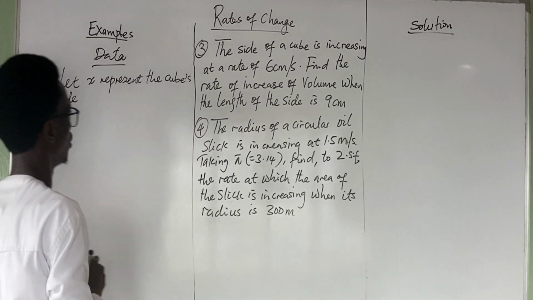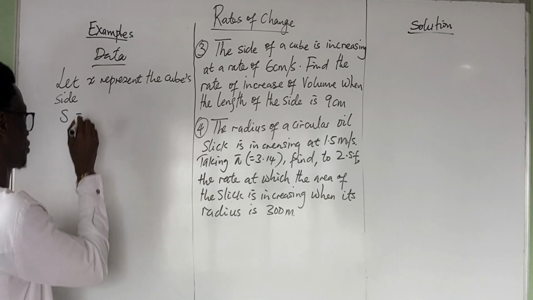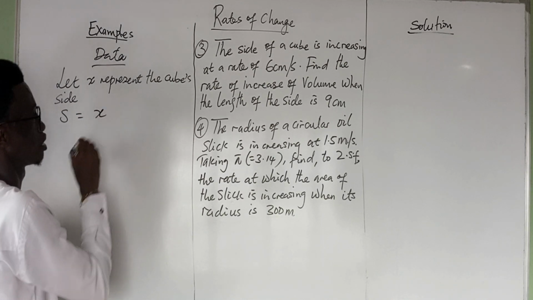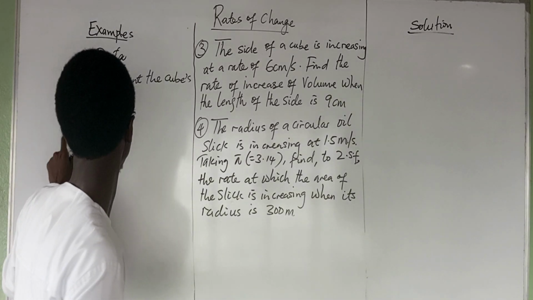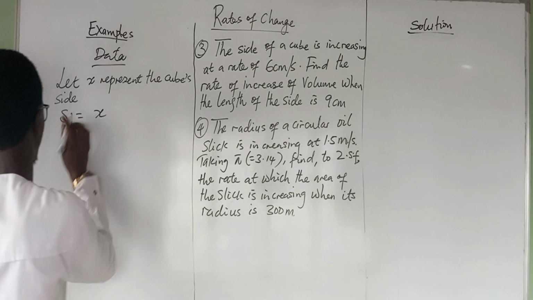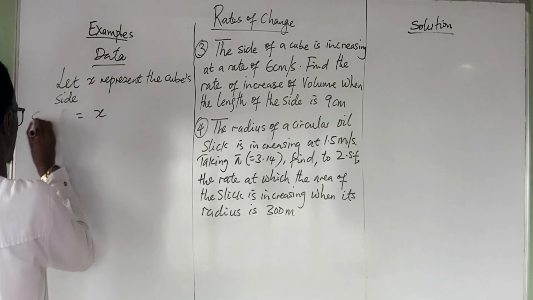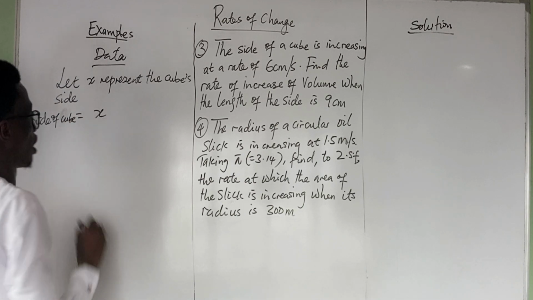Let's say the side s equals x. So that's the side of the cube, which is x.